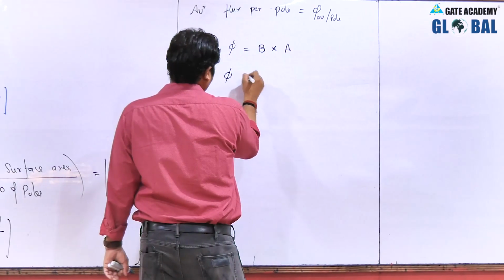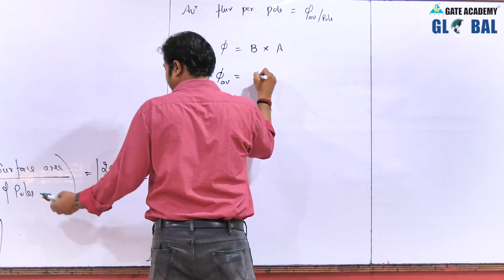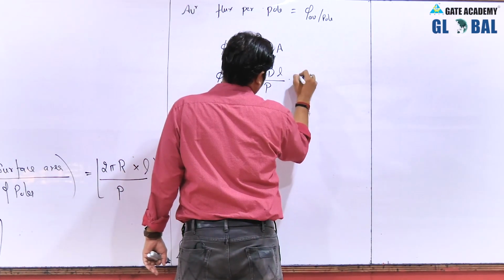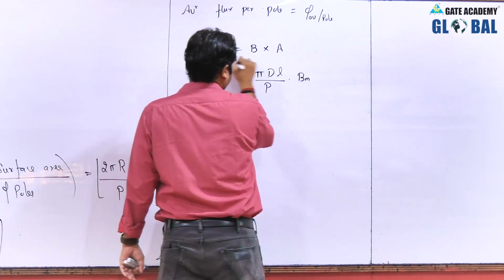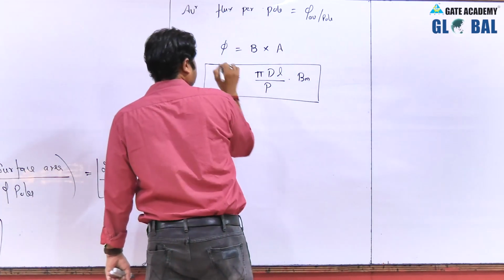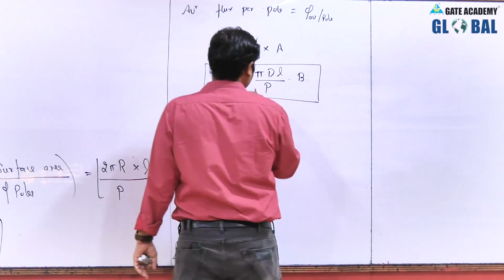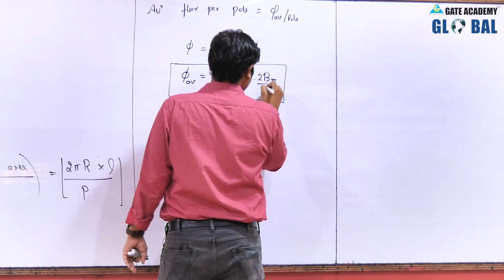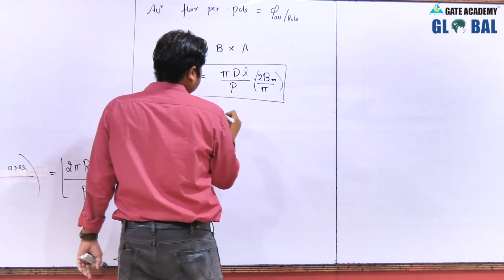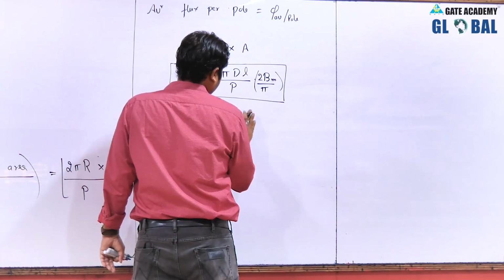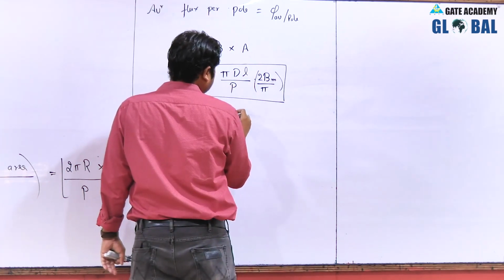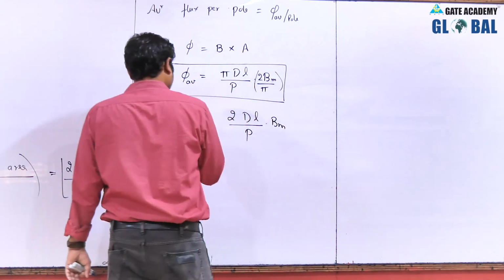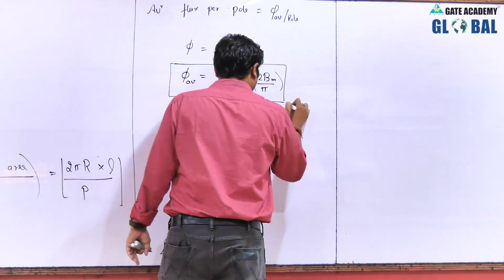So the average flux per pole becomes pi D L by P into the average flux density, which is 2 Bm by pi. Pi and pi cancel out, so 2 D L by P into Bm is the average flux per pole for the fundamental.